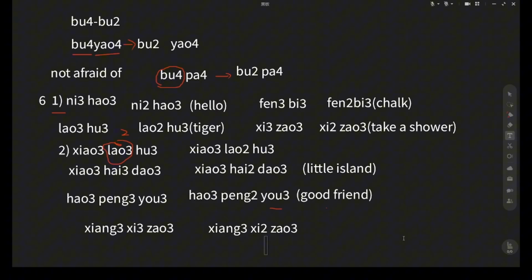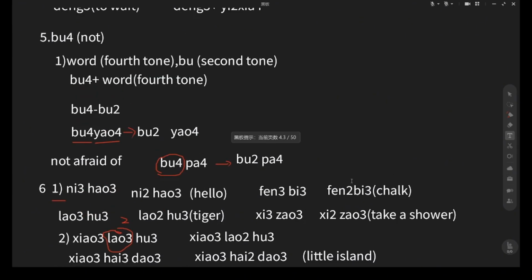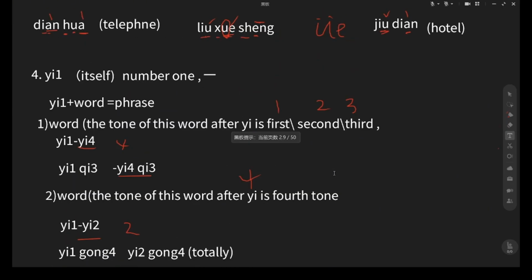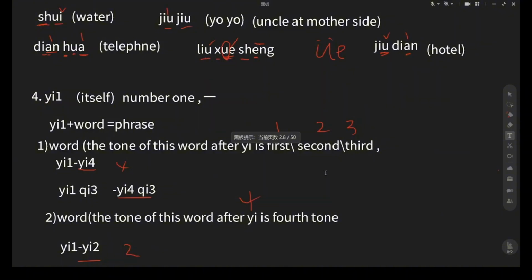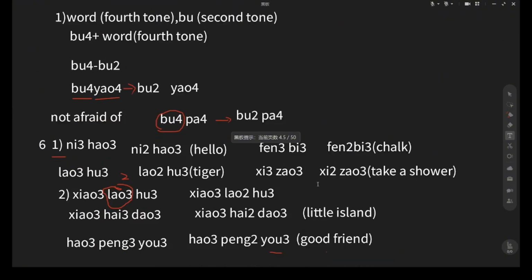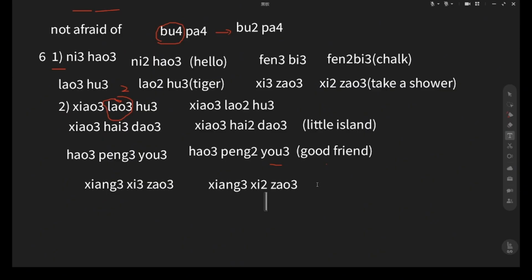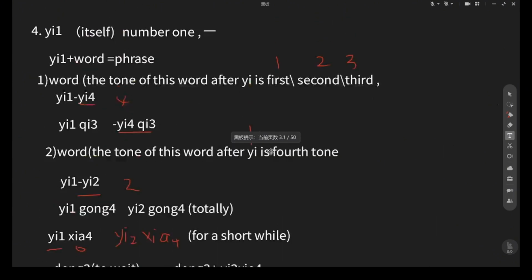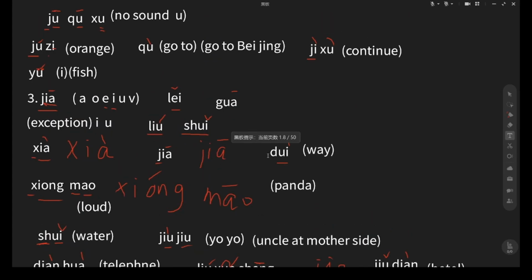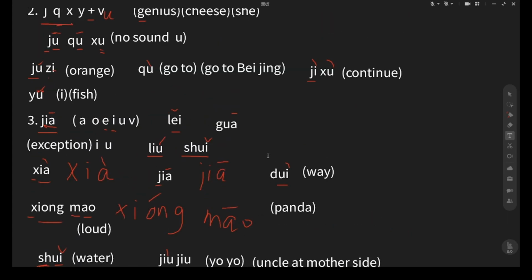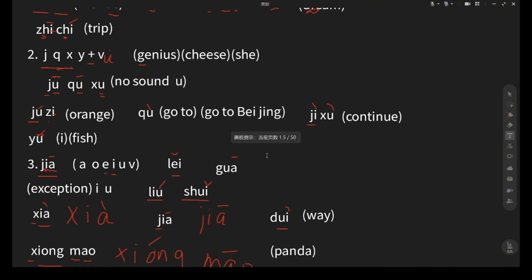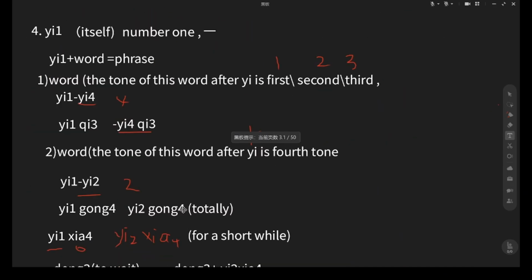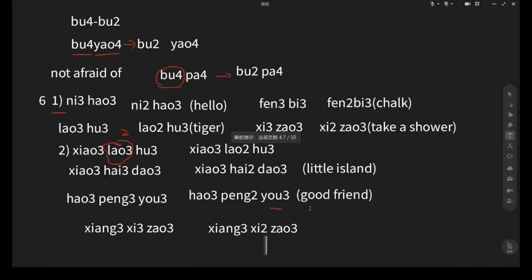So that's the 6 rules of Pinyin. You try to remember all of these rules, they help you to pronounce the correct tone, the correct Pinyin, right? So let's do a quick review. What's Pinyin? Pinyin is phonics, made of 3 parts.